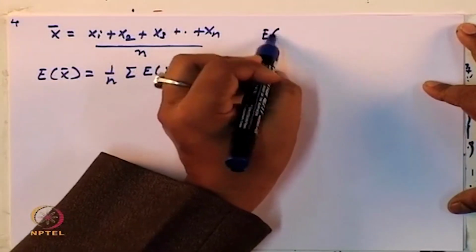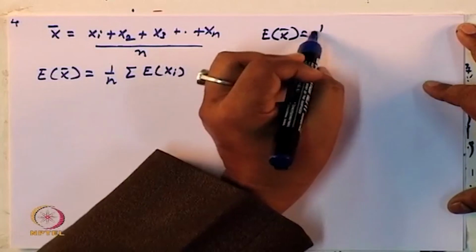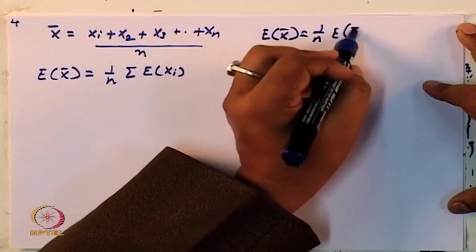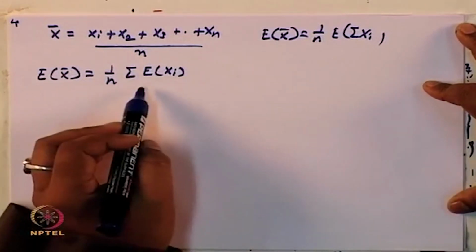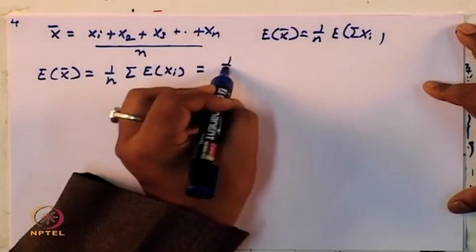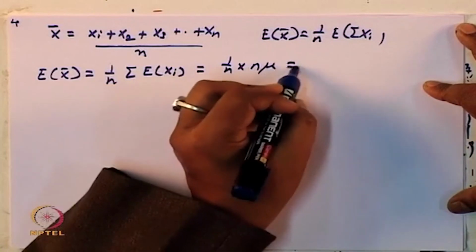So, E of x bar is 1 by n E of summation x_i. Since the x_i's are independent, I can make this approximation. So, I get 1 by n into n times mu, equal to mu.